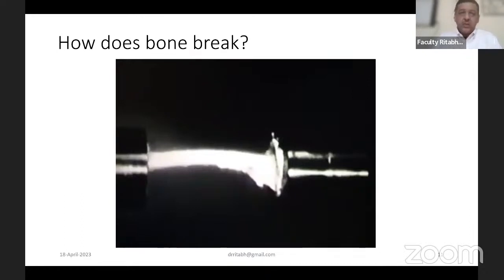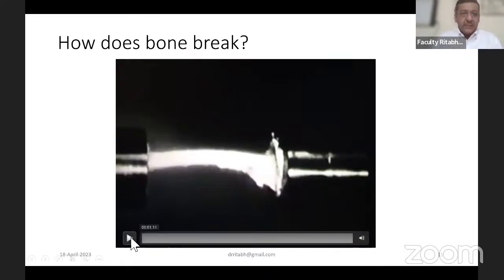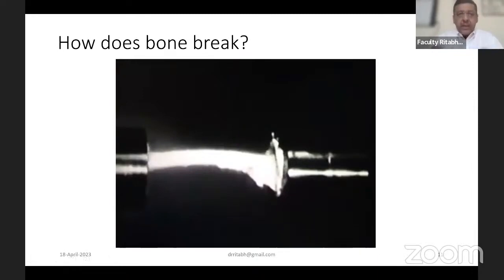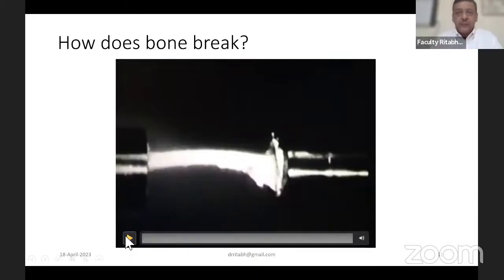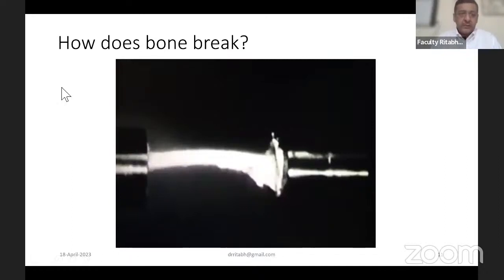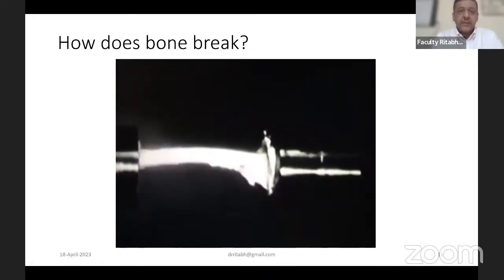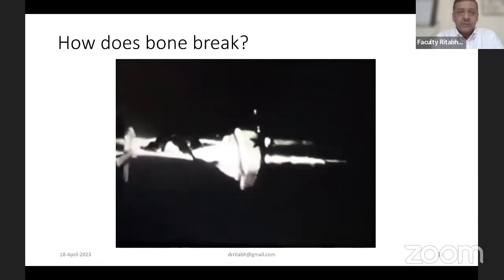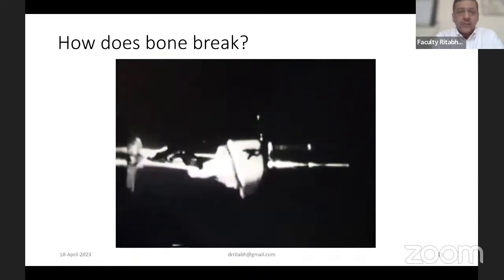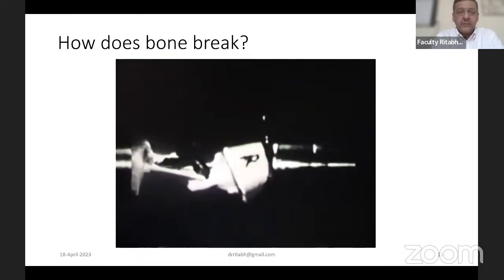So this is a video made in 1968 showing what happens to bone when axial load, a little bending and torsion are applied. So all the 3 forces applied to a dog femur. This is a 40-second video, and please just observe it. There. This is a slow motion showing how bone has fractured.